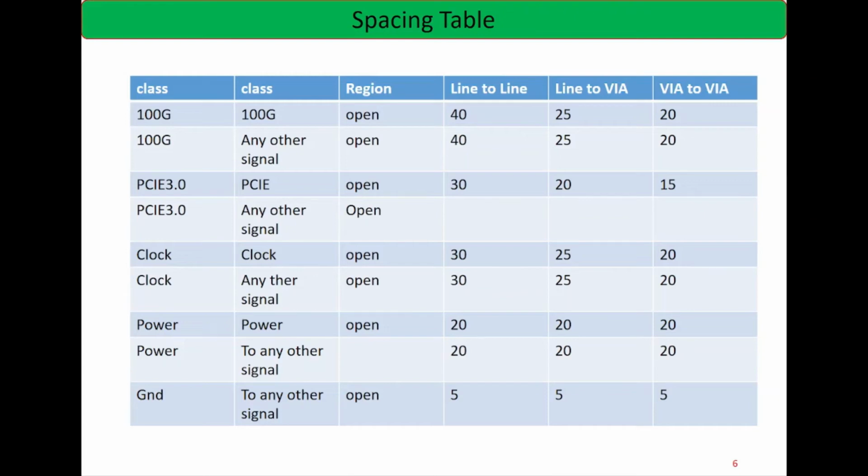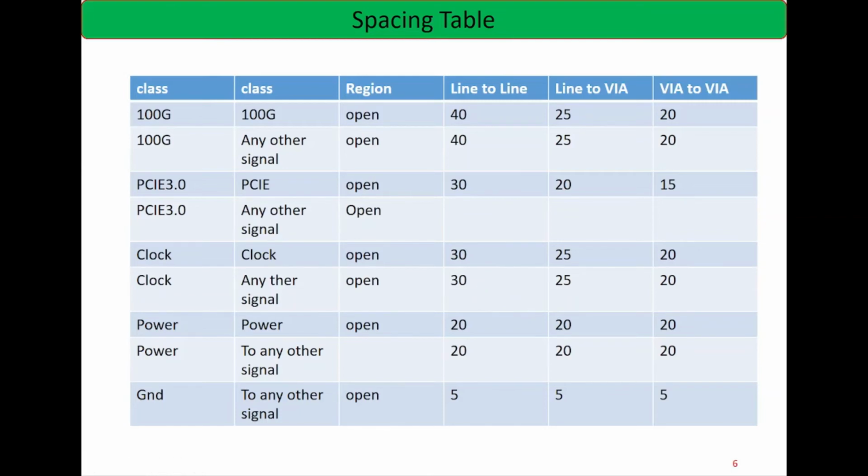I will discuss all this in the scattering parameters videos. I will discuss what insertion loss, return loss and crosstalk are. For now you just need to understand these things. You need to have the values, and you should enter these values in the constraint manager.